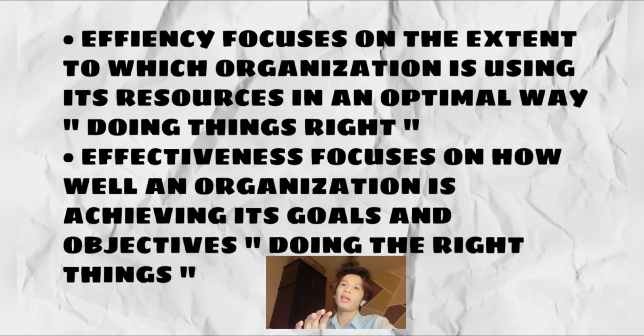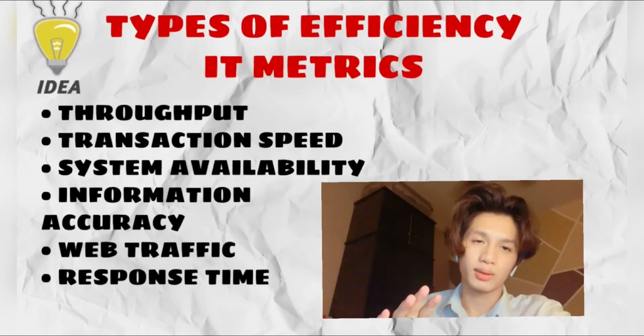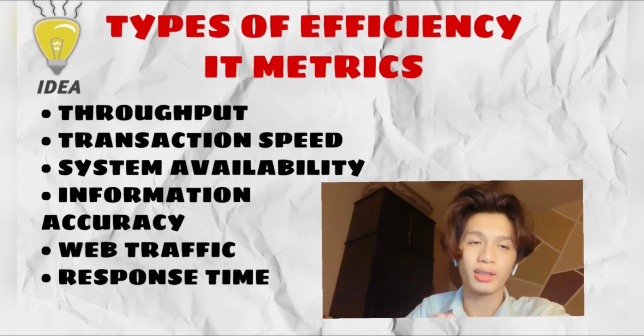So basically, efficiency focuses on the extent to which an organization is using its resources in an optimal way, doing things right, and effectiveness focuses on how well an organization is achieving its goals and objectives, which is doing the right things. Types of efficiency IT metrics.